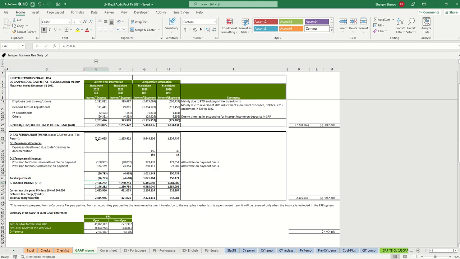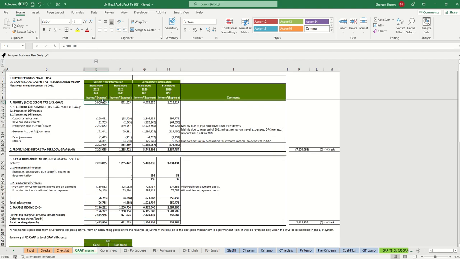We came from 7.2 to 7.1, and then we said, okay, on that there is a 34% tax rate, so we come to 2.4 million, and this is the current year tax charge. So this gives us a whole idea of how 5 million became 7, and how on 7 it became 7.1, that is the taxable income, and on that how much was the tax percentage. This basically gives us an overview into the entire operations of the entity.